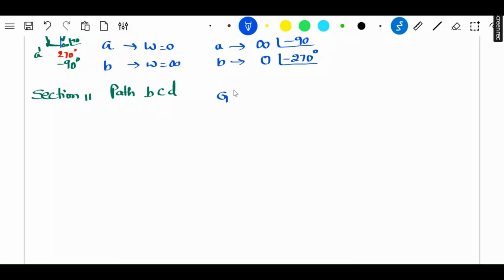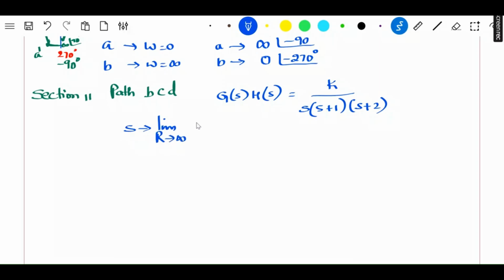the problem, which is g of s into h of s equals k divided by s into s plus 1 into s plus 2. So in this step, we know that we'll try to replace s with limit r tends to infinity, r into e power j theta.